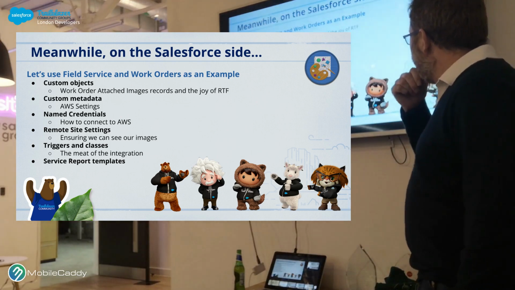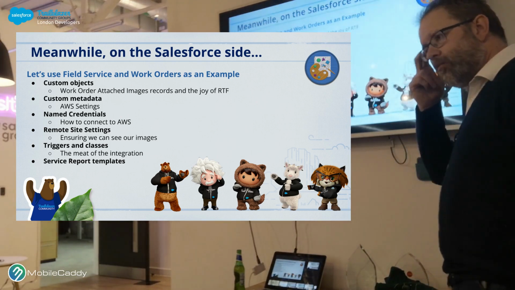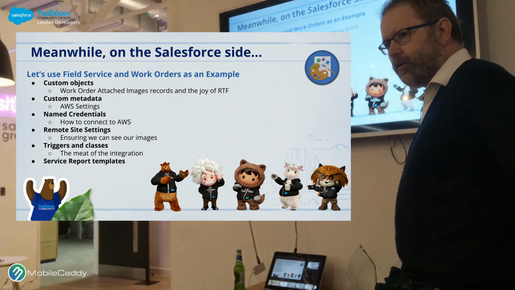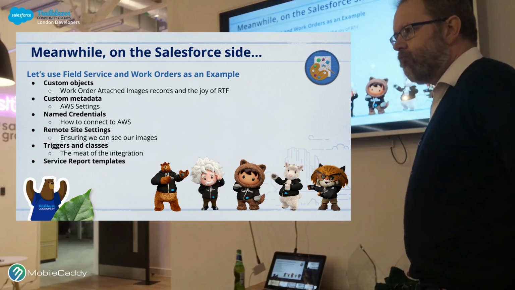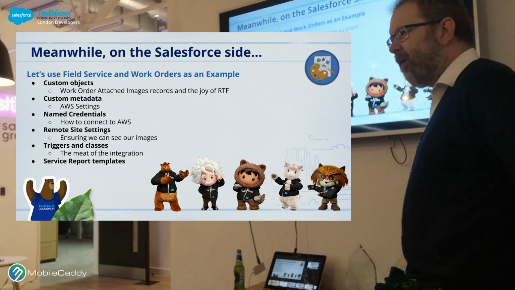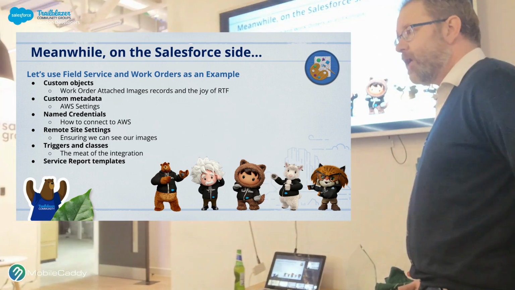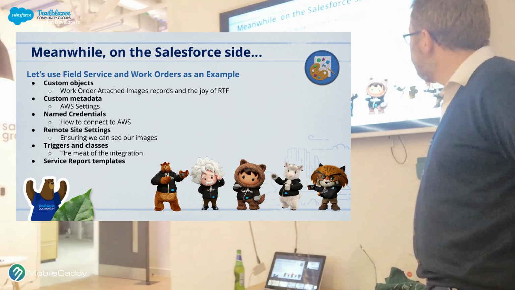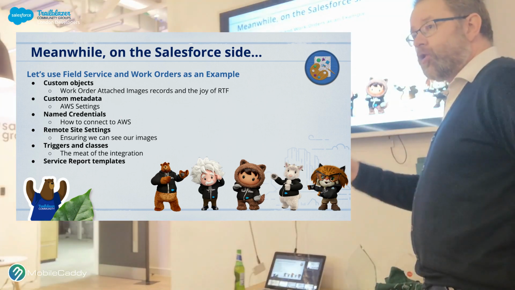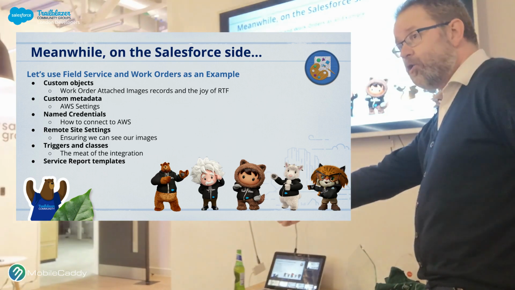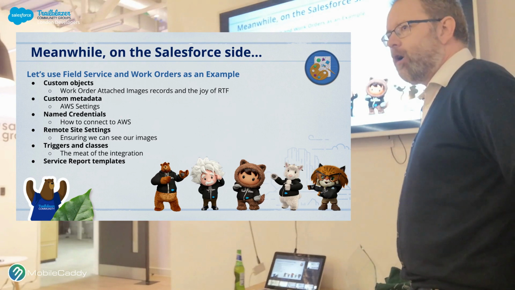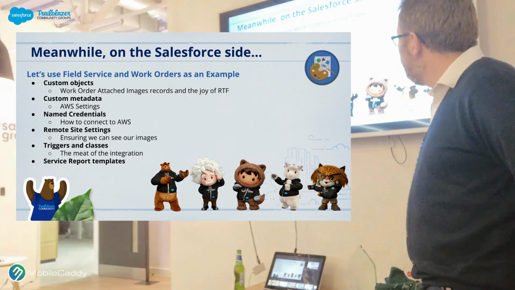The way that we cunningly do that is once we've got our URL, we use that in a rich text field in Salesforce. The reason for that is rich text fields behind the scenes aren't actually rich text format like you'd expect out of a word processor. They're HTML. So you can put an image source equals, here's my AWS image link, and you're able to render that in far more places than you'd expect.